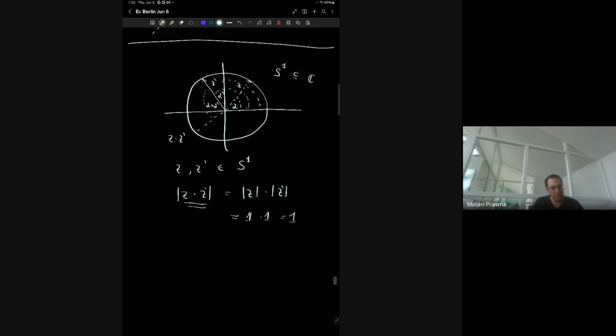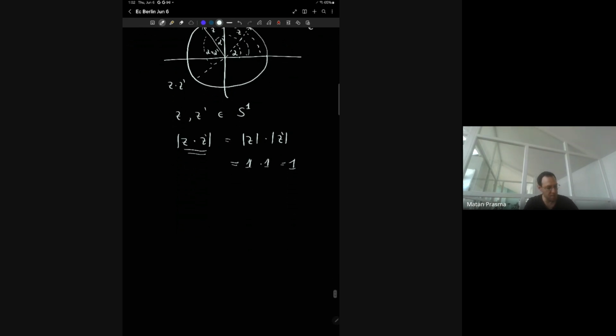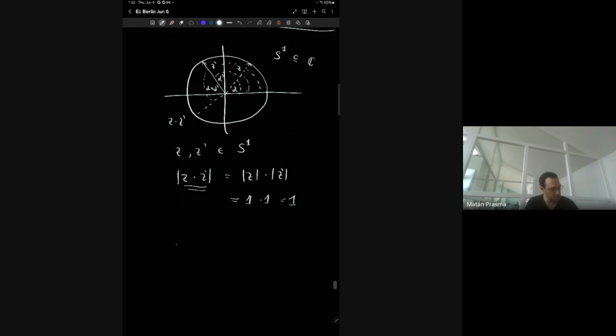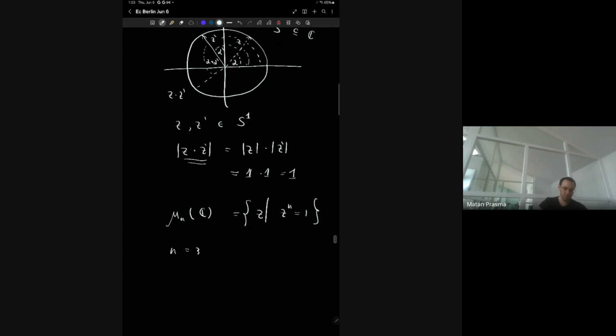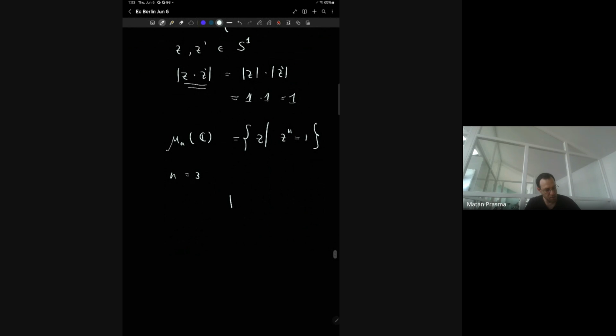Okay. Now, within this group, I have the group of nth roots of unity. This was called MNC. This is the set of solutions to the complex equation, Z to the N equals 1. So if you take N equals 3, for example, you divide the circle into 3 equal parts.